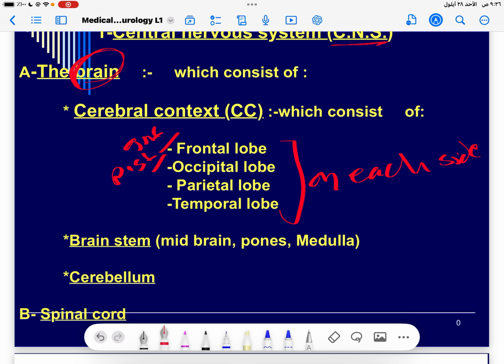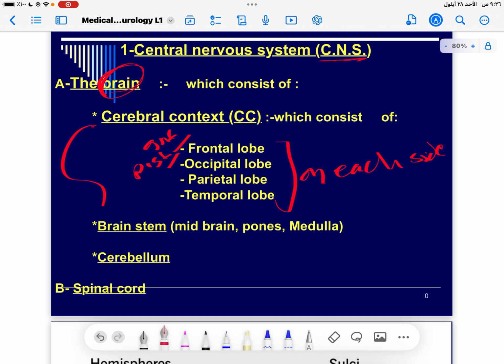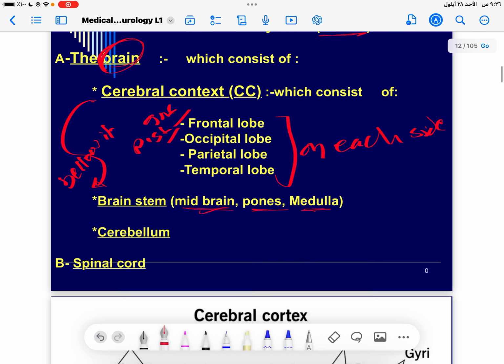Below the cerebral cortex, we have the brainstem. The brainstem is composed of 3 parts: the midbrain, the pons, and the medulla. Beside that, in the central nervous system, we have the cerebellum, as we said. And then we have the spinal cord.